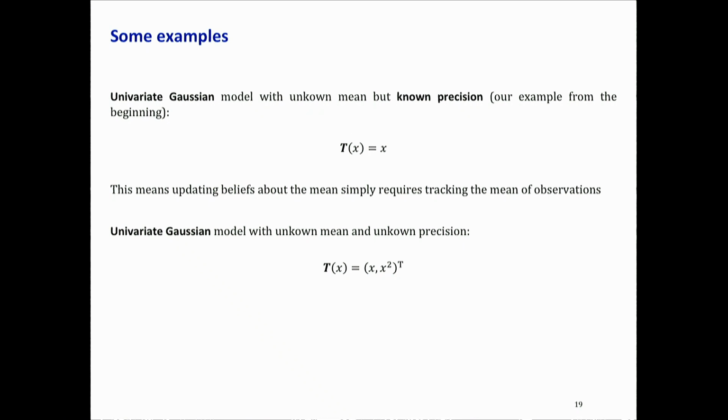Because if we just make these observations, x1, x2, x3, x4, and we're trying to fit a Gaussian to this, that we think these observations were drawn from, we now don't have the precision of our observations given as we had in this case, where we only had to infer the mean.